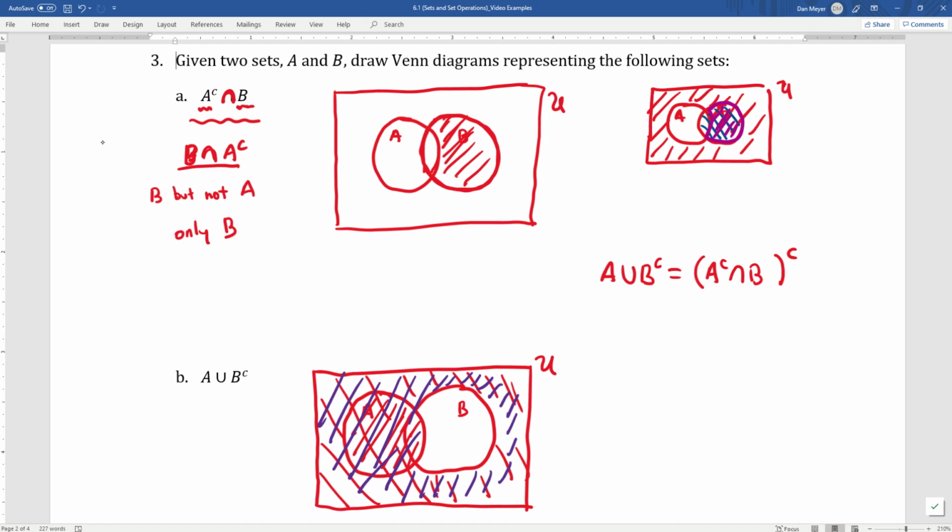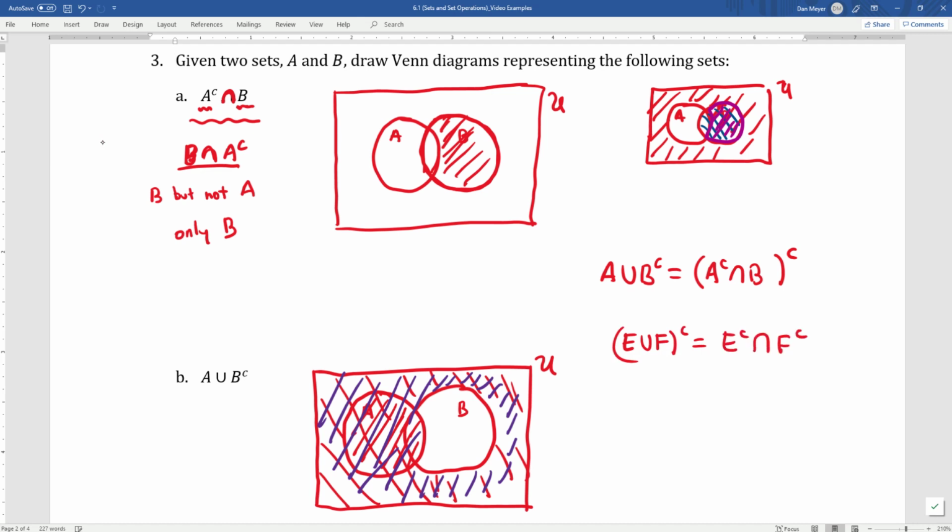If you think about doing some algebra and treating these things like exponents, it looks like, in general, I'm going to use different letters here. If I have sets E and F, if I do E union F complement, that's the same as E complement intersect F complement.